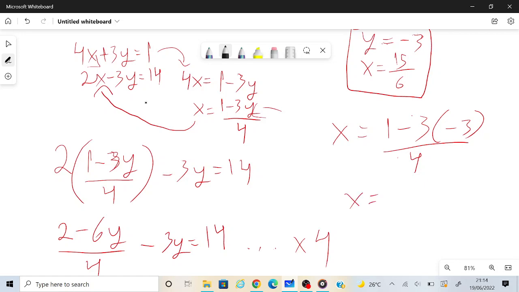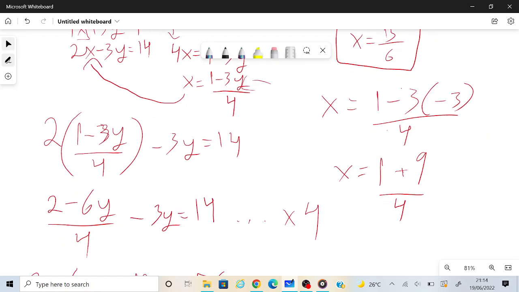X is equal to 1 minus 3 times minus 3, which is plus 9, so this becomes 1 plus 9 over 4. That is the same as x is equal to 10 over 4, which is in the end 2.5.